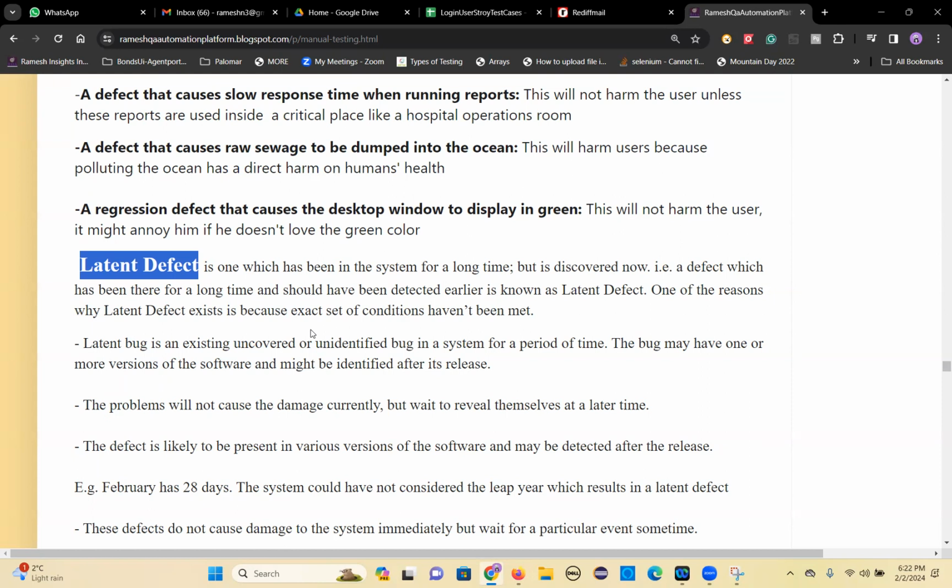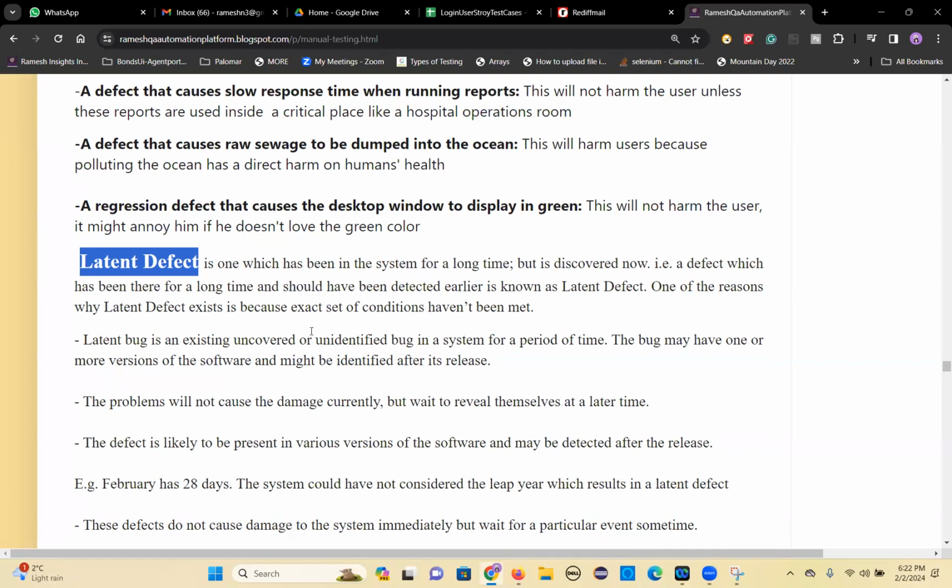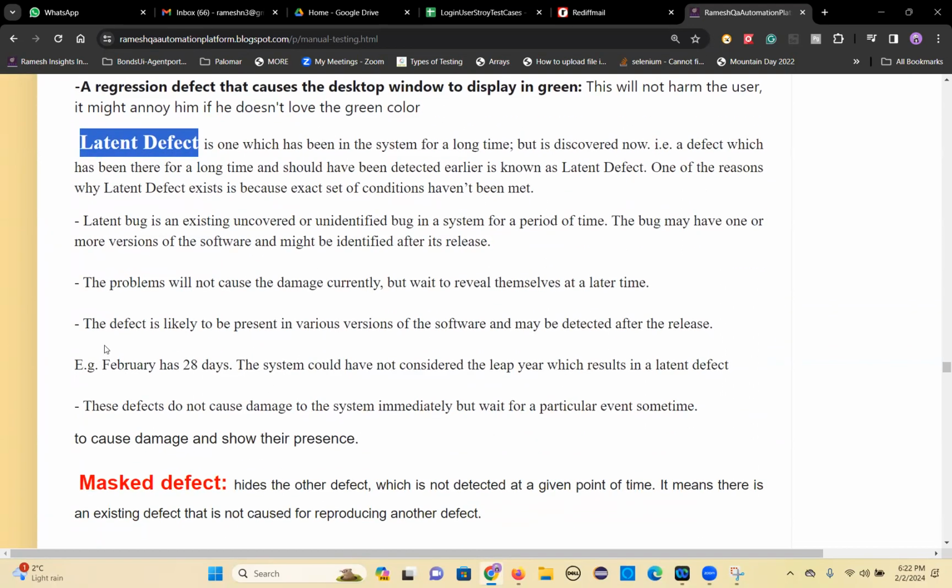Maybe you didn't find it in the first sprint, maybe you found it in the third or fourth sprint, but you missed it. So when you are testing, after some time you found it. That's a latent defect.